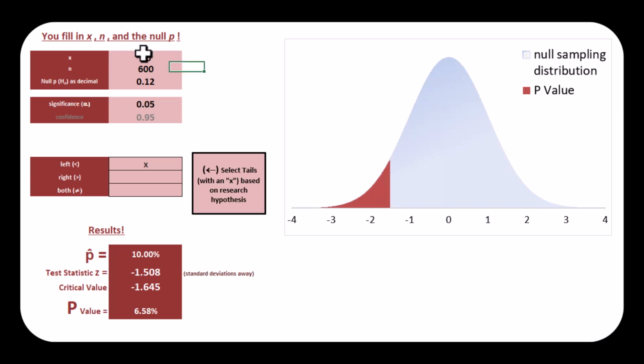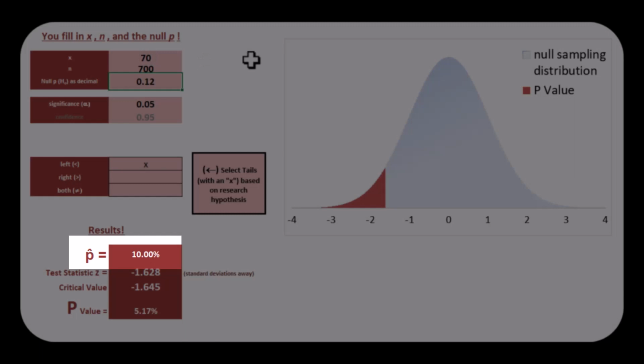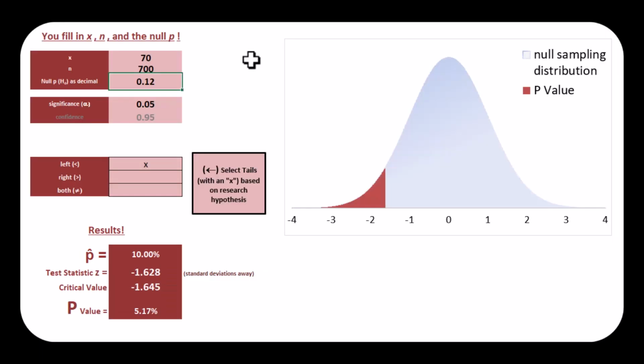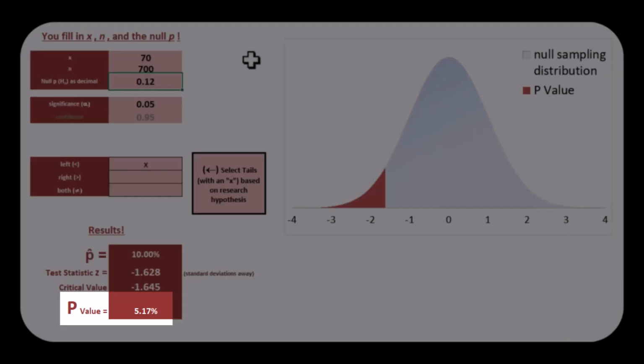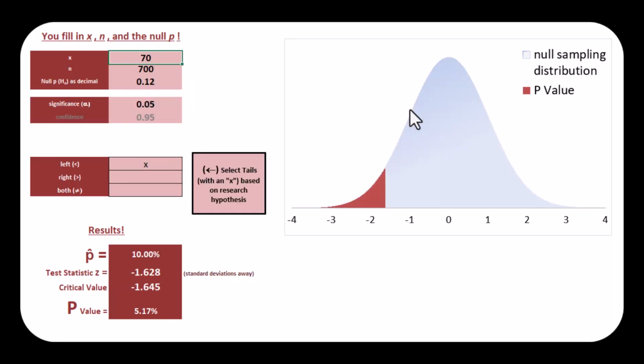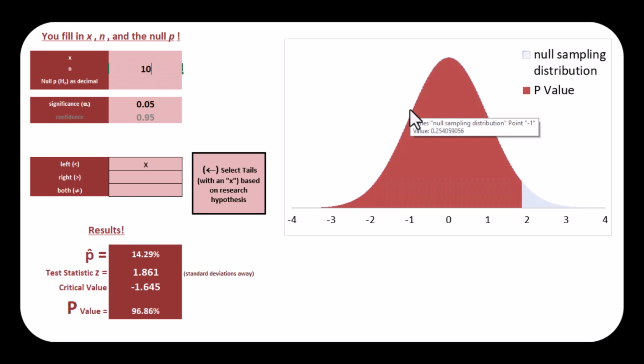What if 70 out of 700, which would again still maintain the 10% sample p-hat? Now your p-value is just around 5%, still too large by the strict 5% guideline. But let's make it work. Suppose you have 100 out of 1,000.